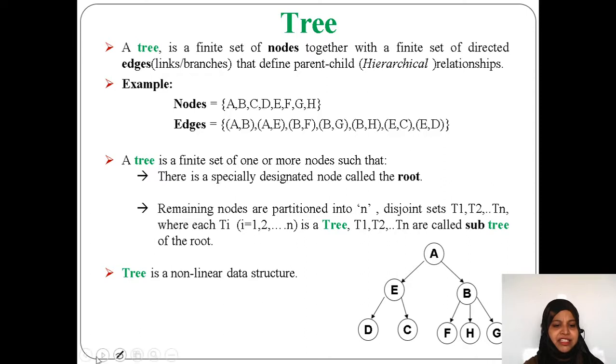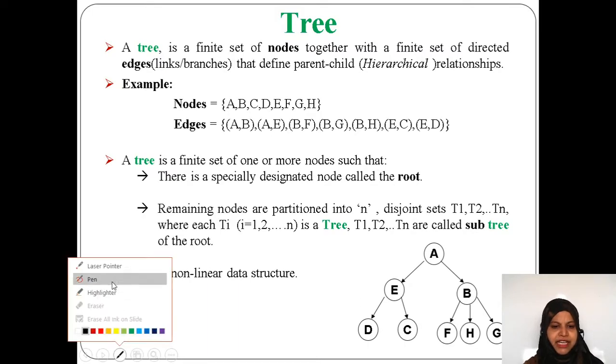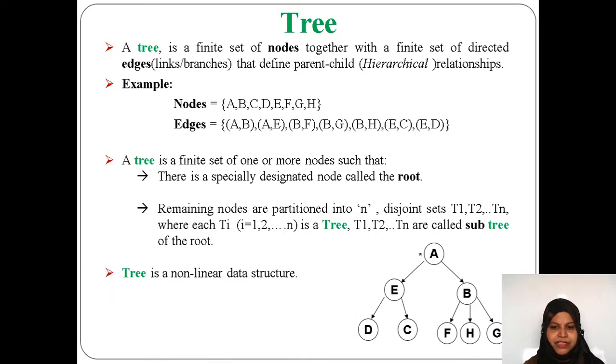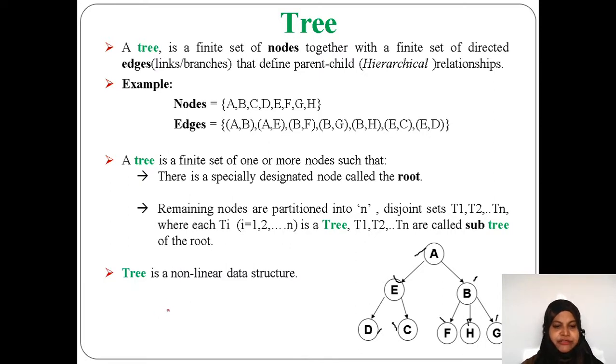In this given example, we have node A, and then E, B, D, C, F, H, G. These are the different nodes. Each and every tree consists of a collection of nodes.